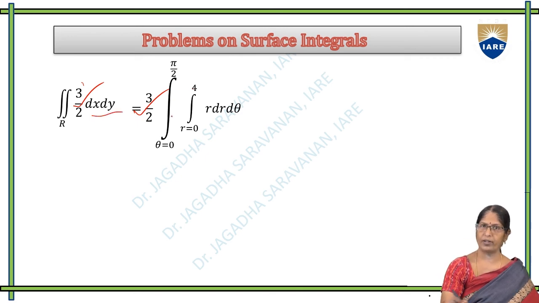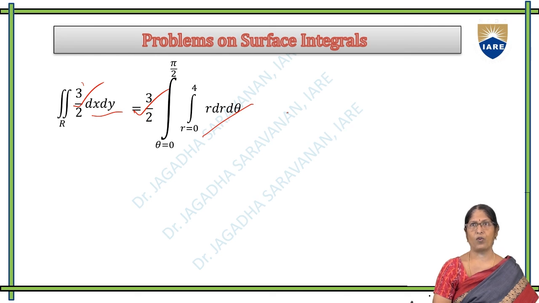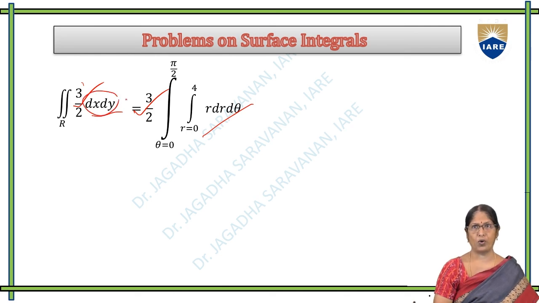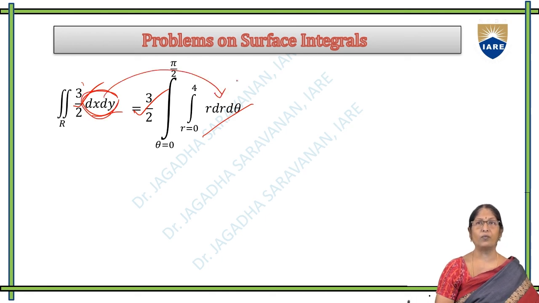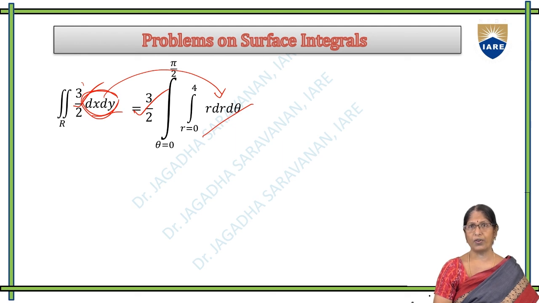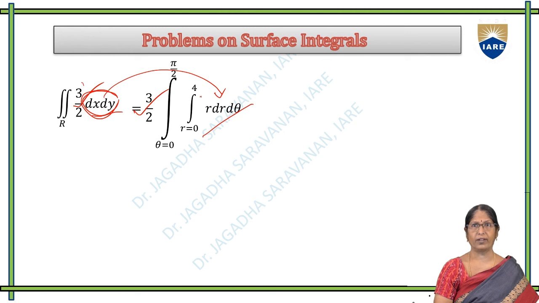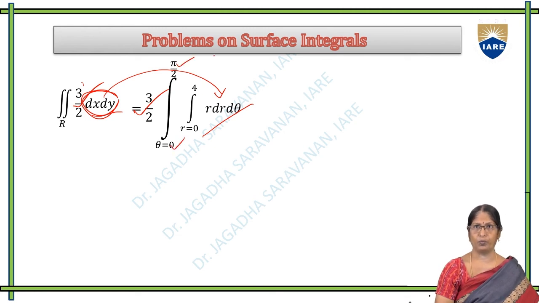This can be solved in Cartesian also, but here we are taking the polar form, that is dx dy becomes the Jacobian r into dr d theta; we converted dx dy from Cartesian form into polar form. Now the radius varies from 0 to 4, and theta from 0 to pi by 2.